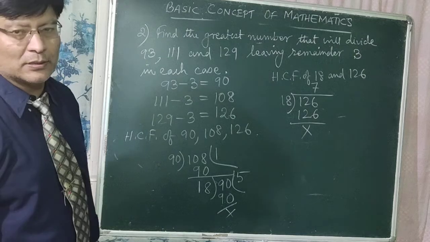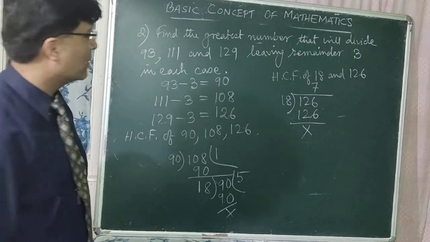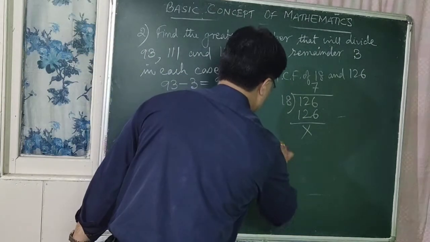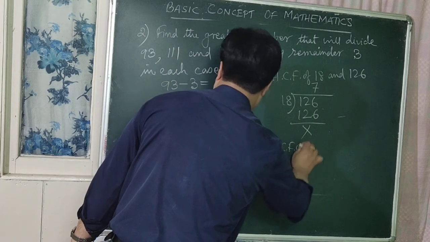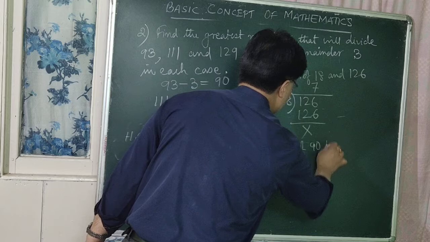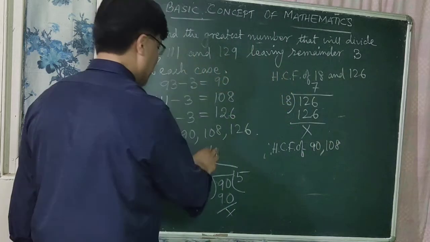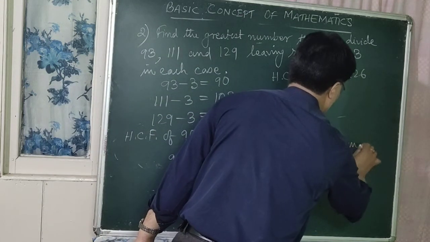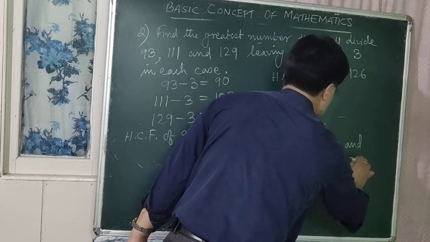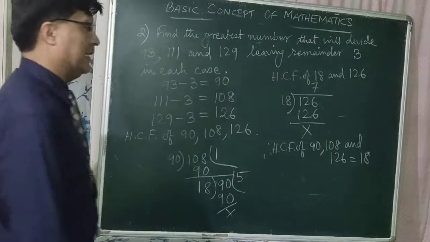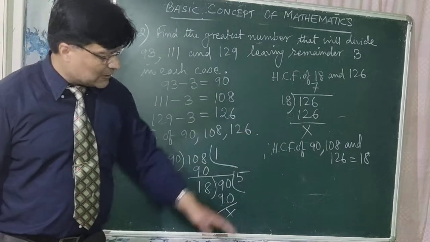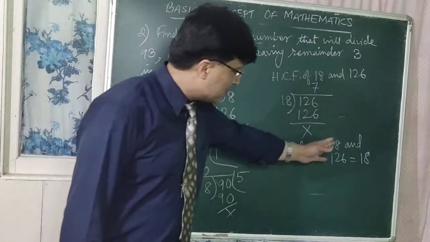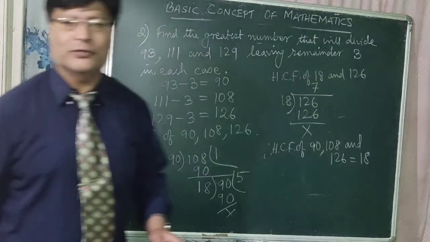What is the HCF now? Therefore the HCF of 90, 108 and 126 is equal to 18. That is, the HCF of 90, 108 and 126 is equal to 18.